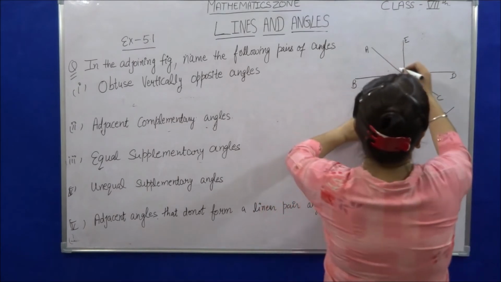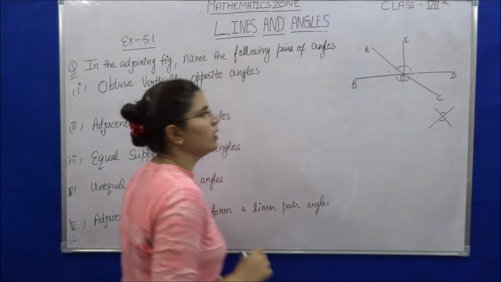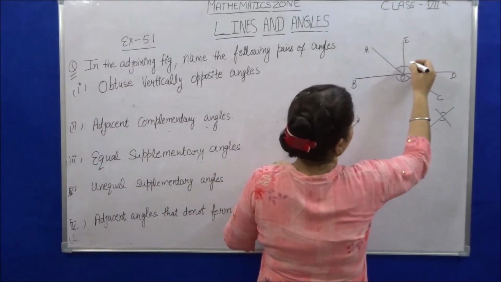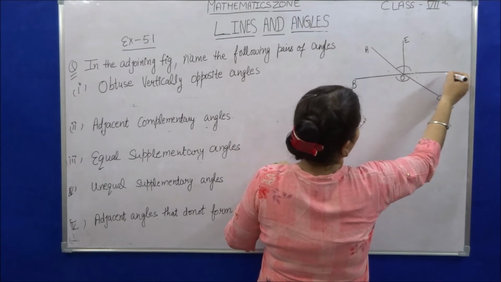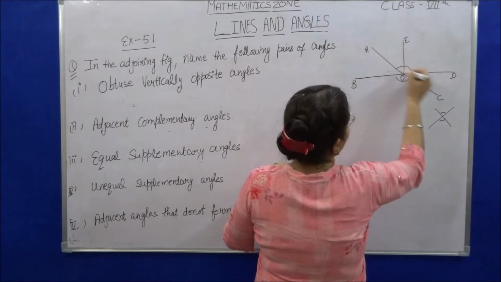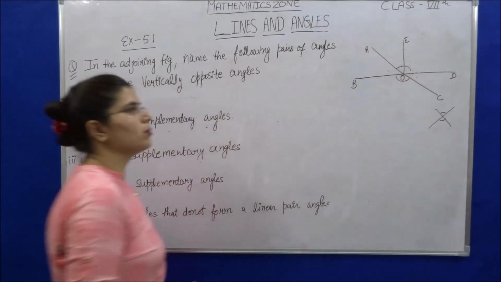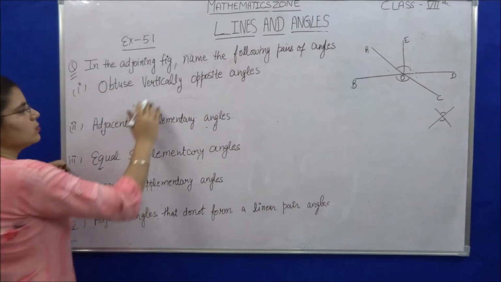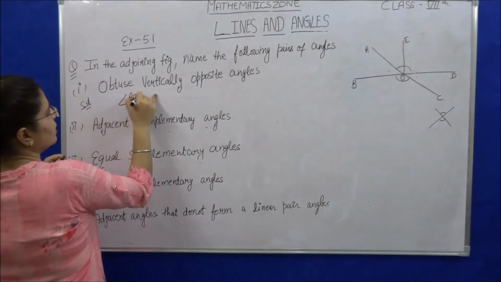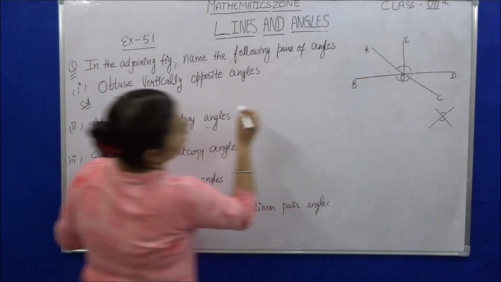Now only this and this angle are vertically opposite angles and their measure is also greater than 90 degree, because if we see, then this angle DO is 90 degree and AOD should be greater than 90 degree. So these two angles are vertically opposite angles with obtuse angles. So our answer will be angle AOD equal to angle BOC.